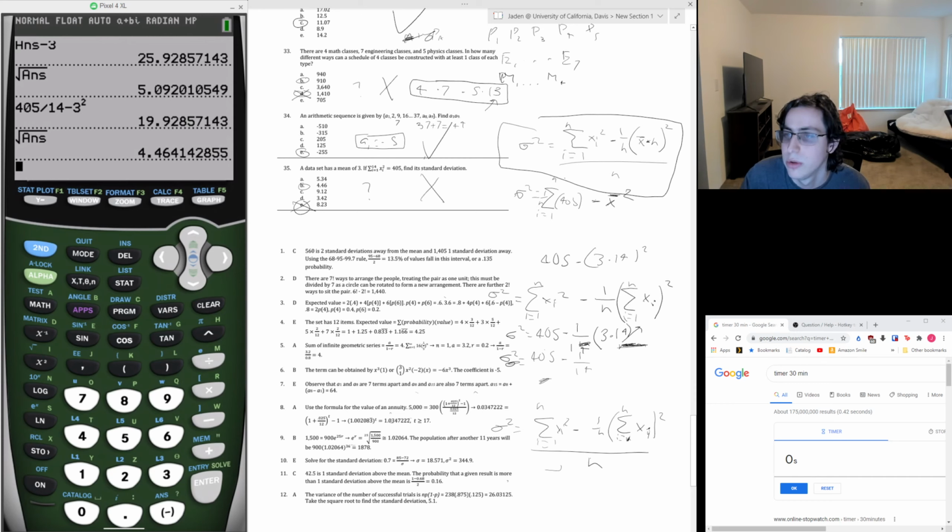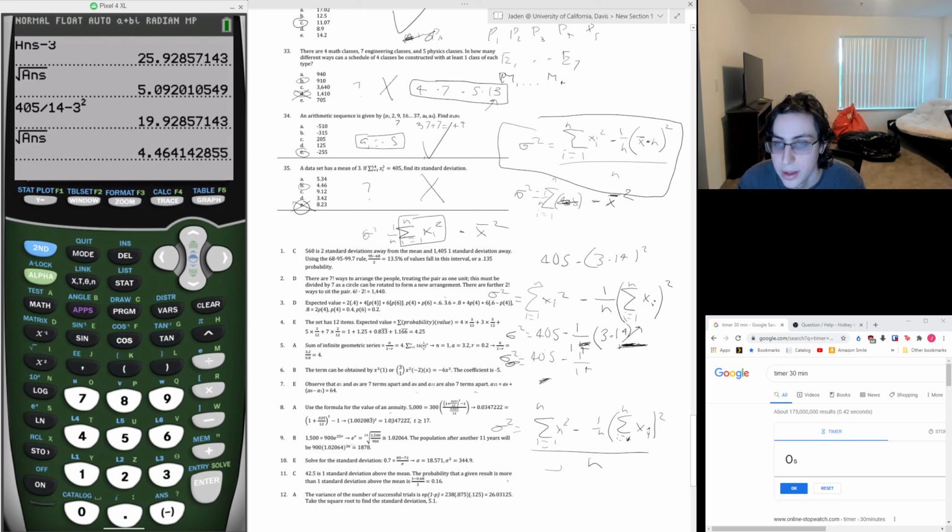But I'd really recommend, where did I write the really good formula? I'd really recommend using 1 divided by n, the sum from i equals 1 to n of xi squared. So they're usually going to give you this thing if they want you to use this formula, minus the mean squared.